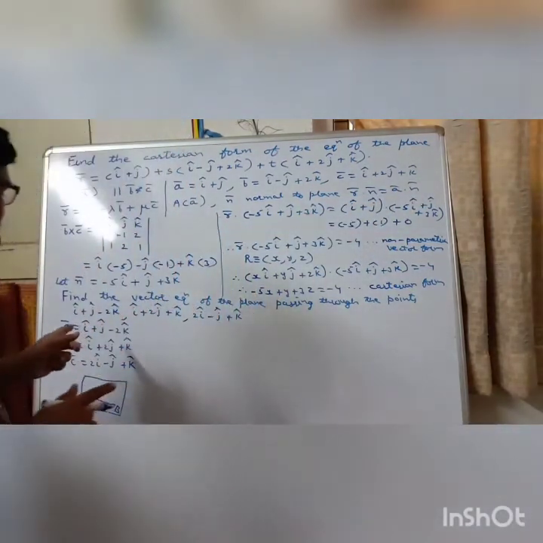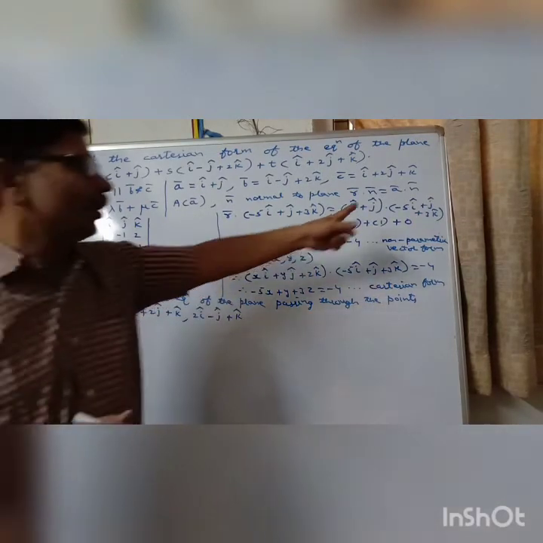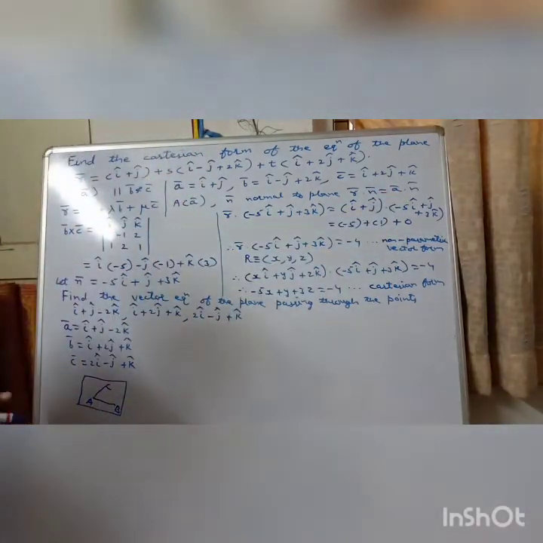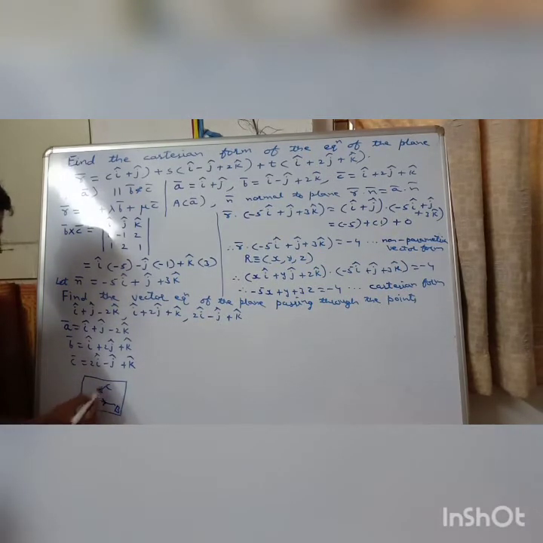So here position vectors of 3 points are known to us, so we can use the position vector of any 1 point for this. But still we have to find a vector which is normal to the plane. For that, we have to find vectors AB bar, AC bar.